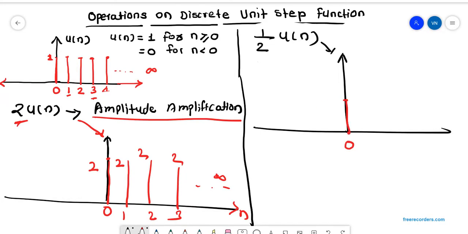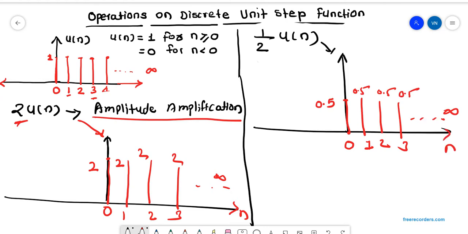So whatever the amplitude for 0, now you will get a 0.5 amplitude, because it is divided by 2. Whatever the amplitude for 1, again it is 0.5. So for each and every time period you will get a 0.5 amplitude up to infinity. Why? Because it's amplitude compression. Basically we are reducing the amplitude by dividing by 2.